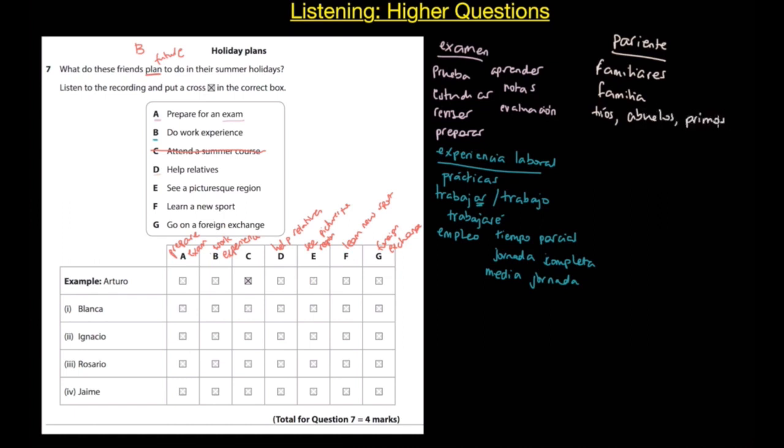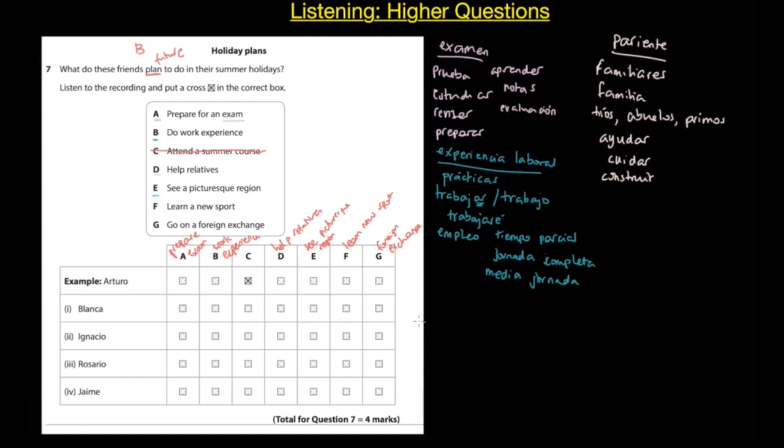I could hear the word ayudar, or I could hear, okay, this help, what could it be? Could it be cuidar, to look after? How else could you help some relatives? Could be construir, they might want to build something for some relatives. Just come up with what specifically this person might be doing for the relatives.